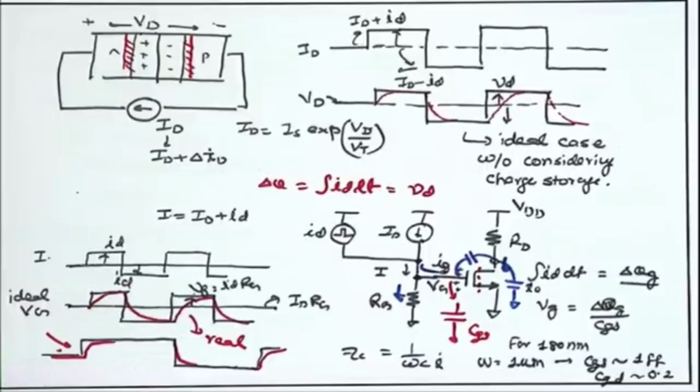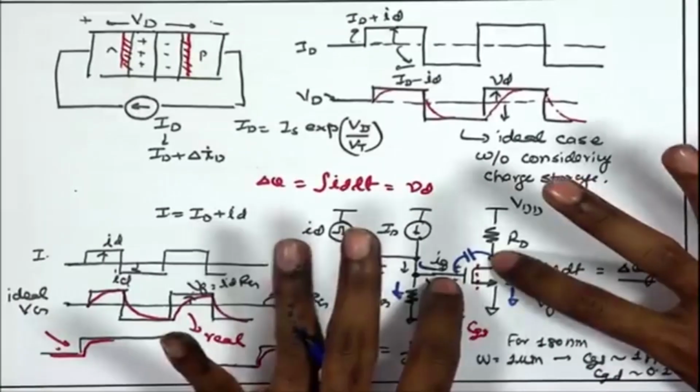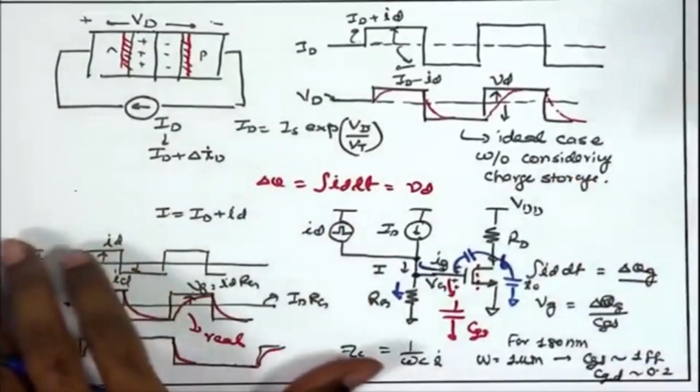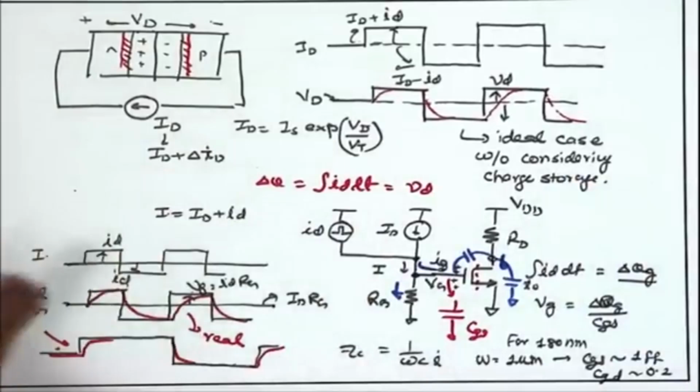Another question: if CGD is 0, what happens to the charge conservation? If CGD is 0, in that case you are just saying that the overlap length is 0.